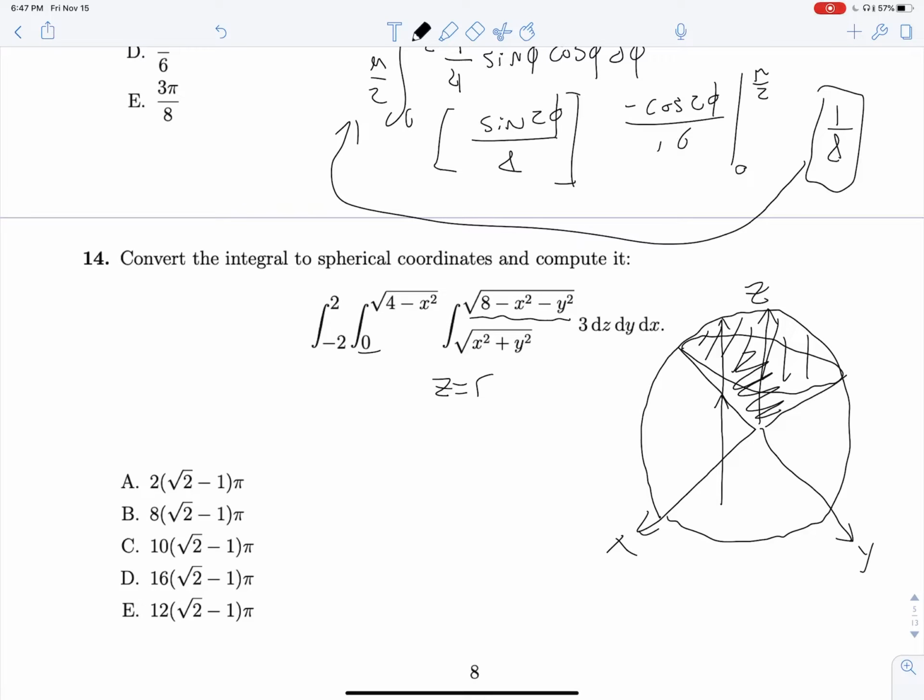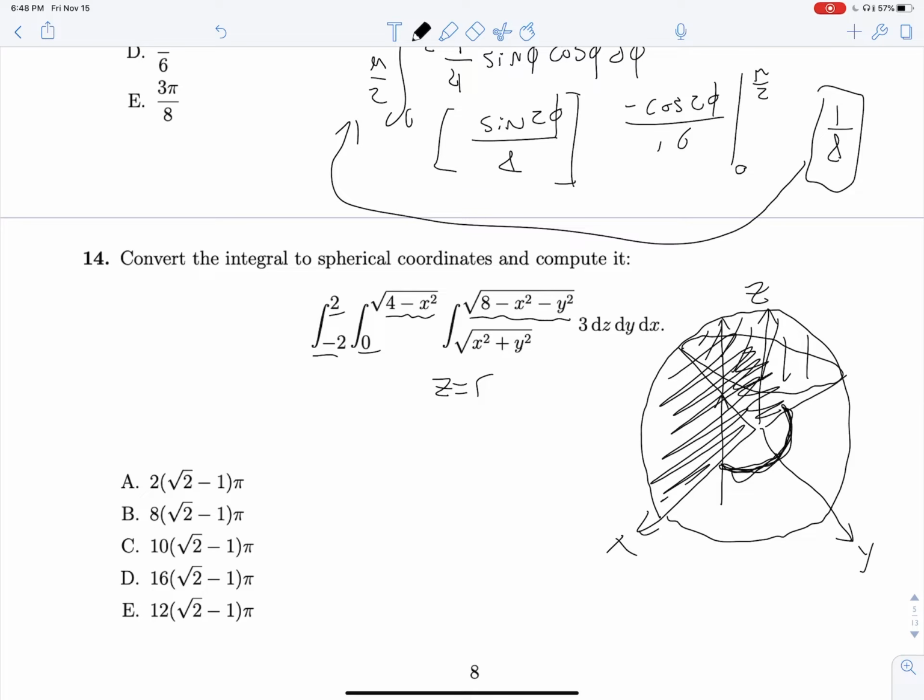So that's going to be the xz plane, and we're bounded on top by the upper semicircle of radius 2. And so all this is going to be is this semicircle sitting here. And x is running from -2 to 2, so we know that it's going to be this entire semicircle.